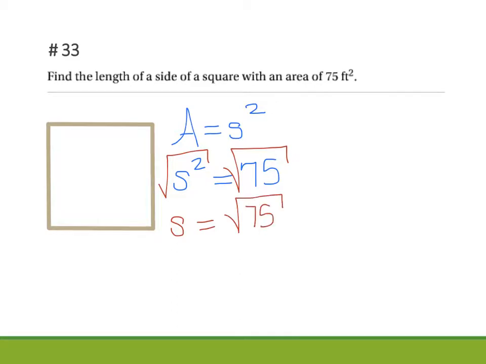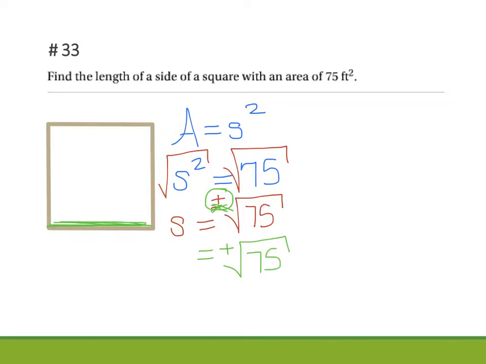Now remember that when you take the square root within an equation, you generally use a plus minus sign. However, as we discussed in the last problem, since we're dealing with a side length, the side length should be a positive value. So I'm going to eliminate this negative, and I'm only going to be using the positive square root of 75.